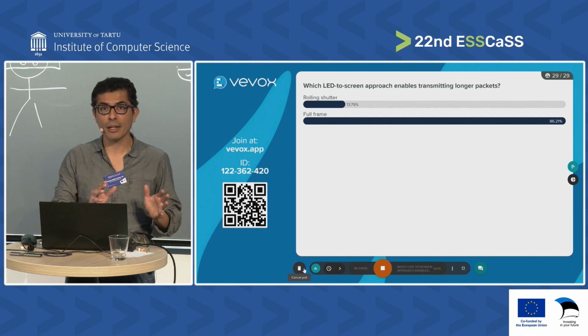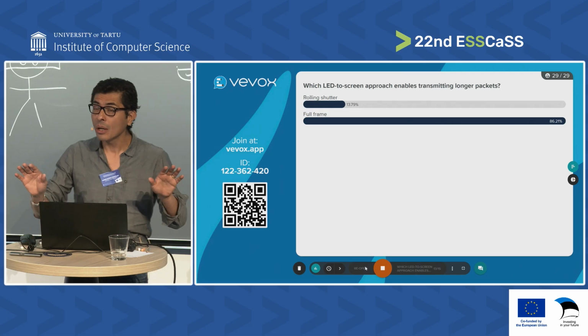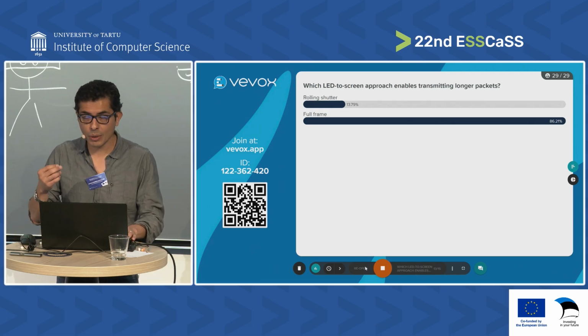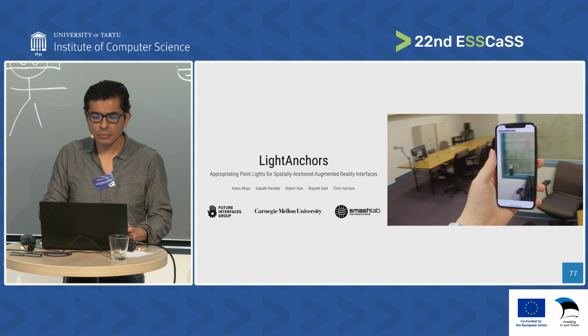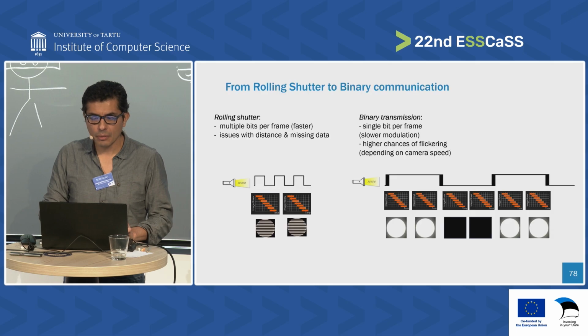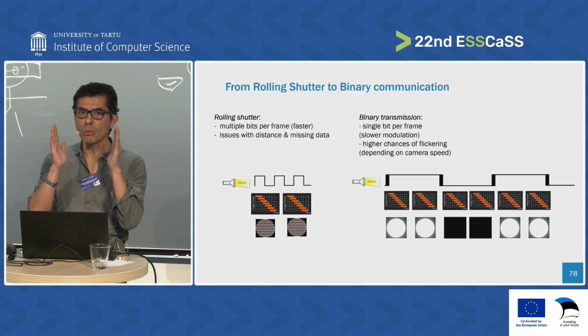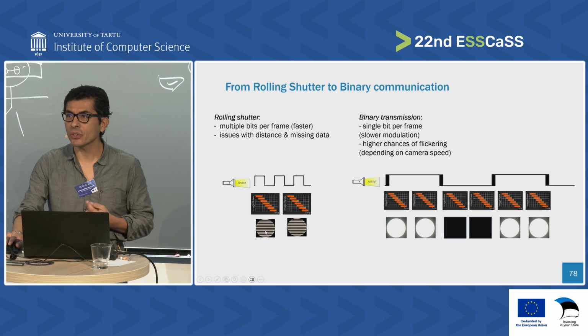So I just need to go back and quickly explain the answer to the first question, because I want all of you to understand the basics. The first question was, which one allows more bits per frame? More bits per frame, so more bits per image, is going to be the rolling shutter effect, because each one of these bars represents 1 bit.